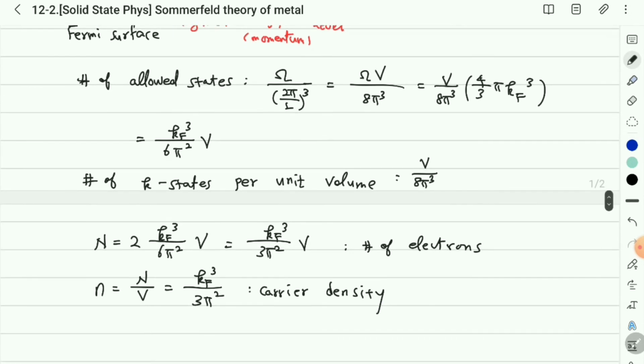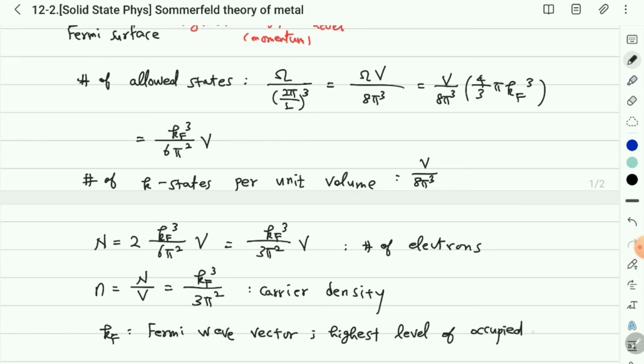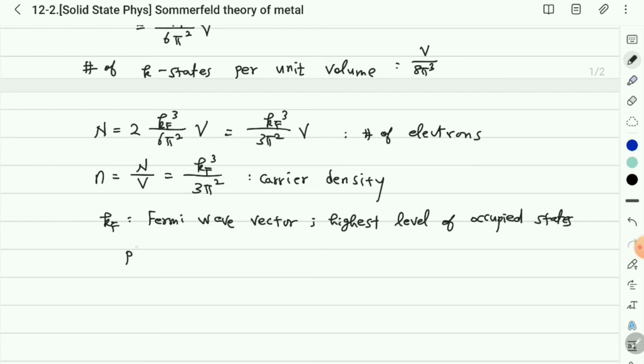Here we say that kF is the Fermi wave vector, and it is the highest level of occupied state. Therefore, the Fermi momentum is ħkF, and the Fermi energy is ħ² kF² over 2m.